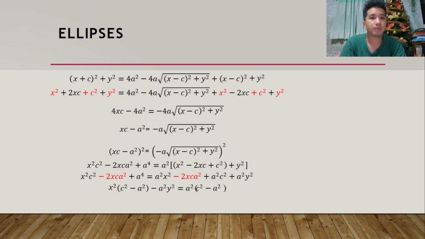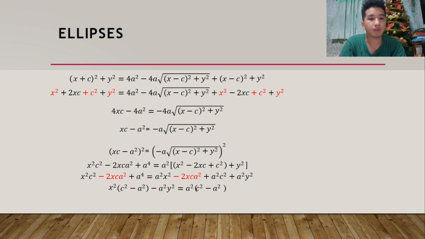So, x squared plus 2xc plus c squared plus y squared equals 4a squared minus 4a times the square root of (x minus c) squared plus y squared, plus x squared minus 2xc plus c squared plus y squared. Then 4xc minus 4a squared equals negative 4a times the square root of (x minus c) squared plus y squared.